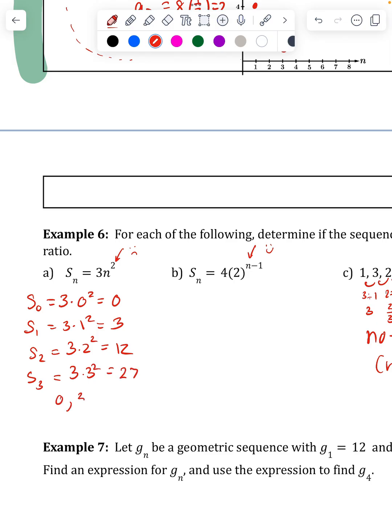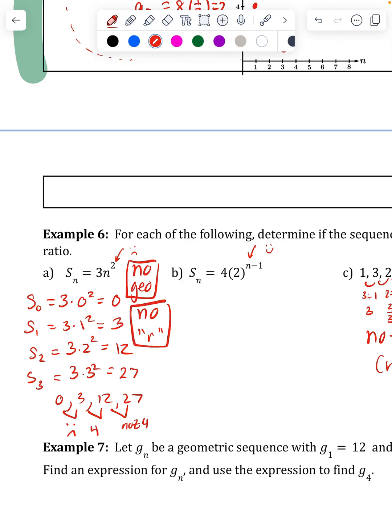So I have generated a sequence of these numbers. And now I'm going to see, does this 3 over 0? First of all, I can't divide that because you can't divide by 0. 12 divided by 3 would give me a value of 4. 27 divided by 12 does not give me 4. So that thing is a hot mess. And this one is going to be not geometric. And the reason is going to be that there's no common ratio.